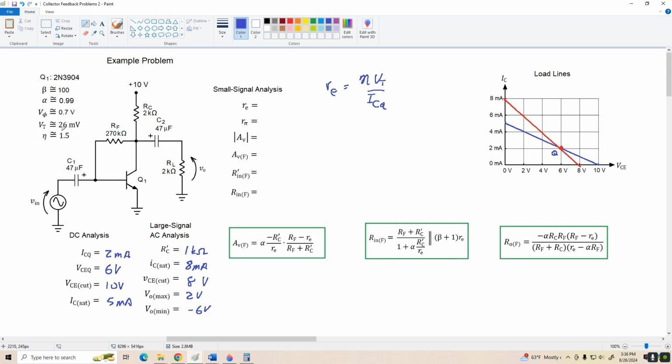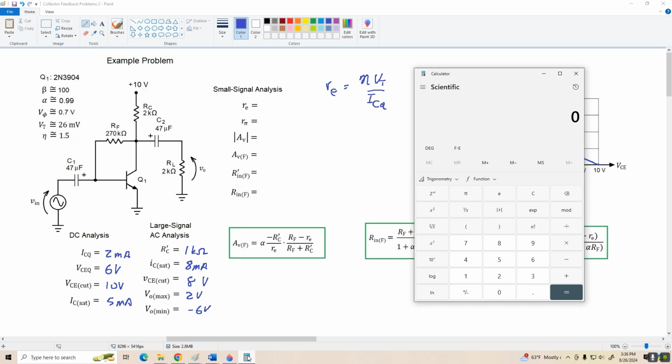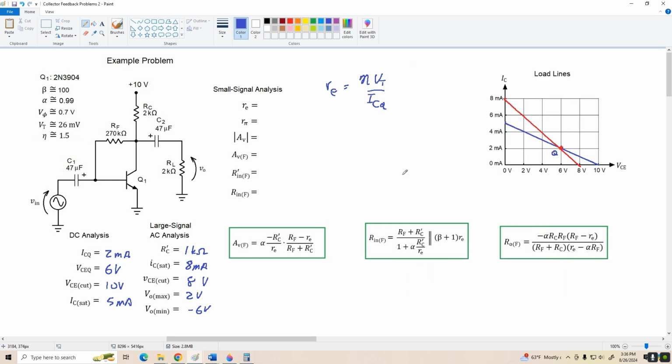So eta is 1.5 times 26 millivolts. 1.5 times 26 mils is 39 divided by ICQ, which is 2 milliamps. So divided by 2 is 19.5. And let's just call that 20 ohms, okay? So little re is about 20 ohms.